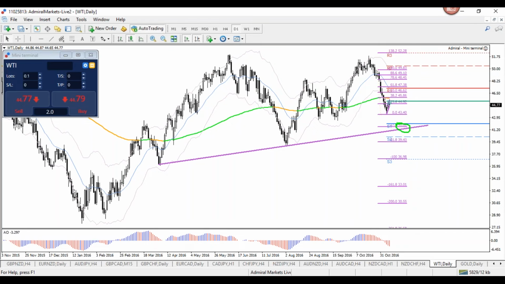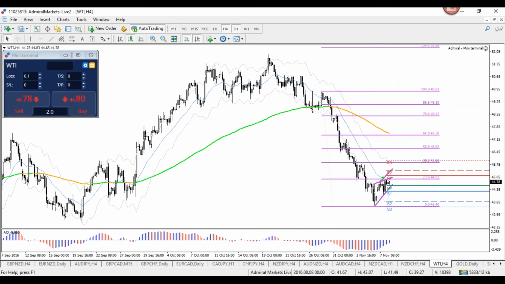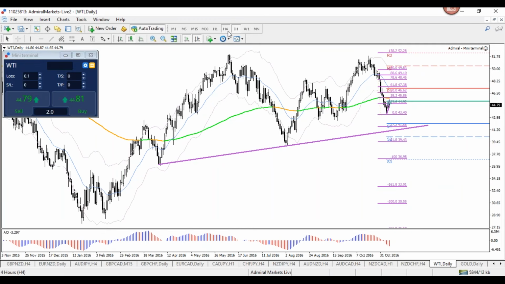All right, and this could be a bouncing spot too. There is a bearish bouncing spot either here at the 23.6 or 38.2 fib, in my opinion. Now I know that's different than what I was saying here.